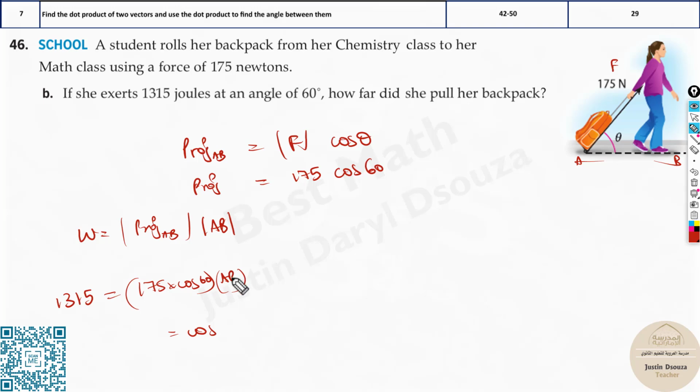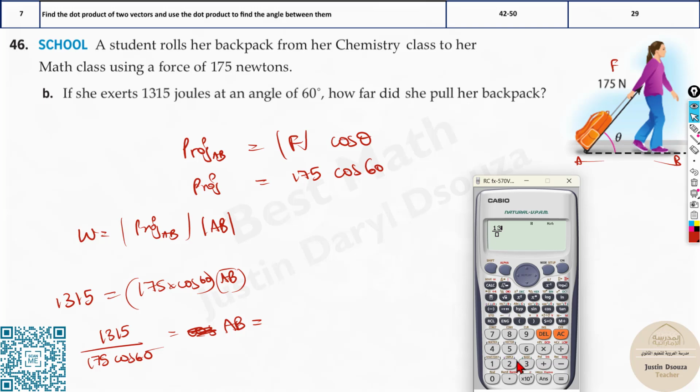And this AB, the line, is unknown. In this case, it's very simple because 1315 divided by 175 cosine 60 degrees will be equal to AB. Just put this in the calculator and you get the answer. Let's try that.